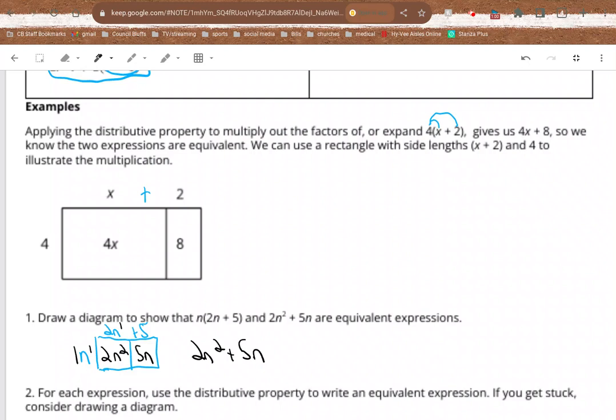So draw a diagram to show that this and this are equivalent expressions. We just did that using the area model or the box method. So again, this is called the area model, or I will sometimes refer to it as the box method.